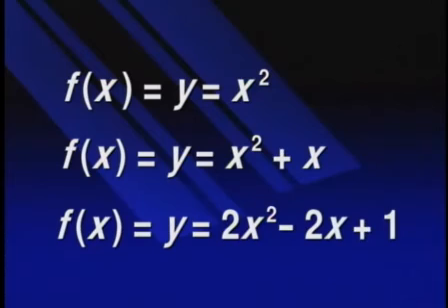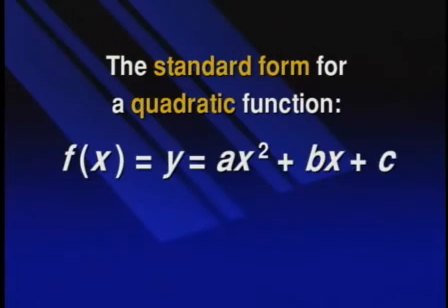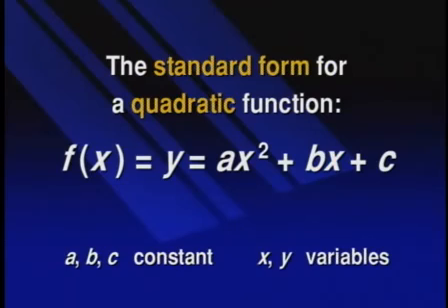And the third is f of x equals y, which equals 2x squared minus 2x plus 1. We are now able to generalize and give the standard form for a quadratic function. That is f of x equals, or y equals, ax squared plus bx plus c, where a, b, and c are the constants, and x and y are the variables.